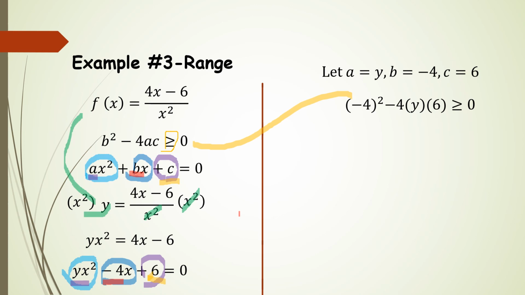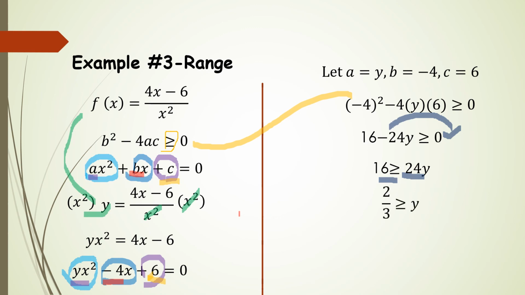Performing the indicated operation, we will get 16 minus 24y is greater than or equal to 0. You can use the additive inverse or transpose. Negative 24y sa kabilang side. Then we will get 16 is greater than or equal to 24y. Divide both sides by 24.